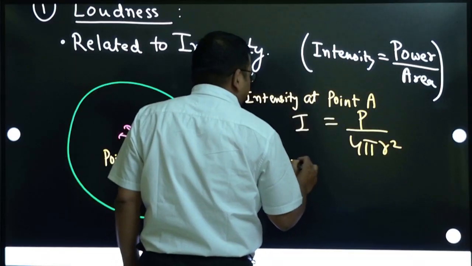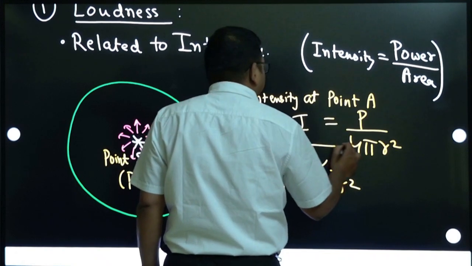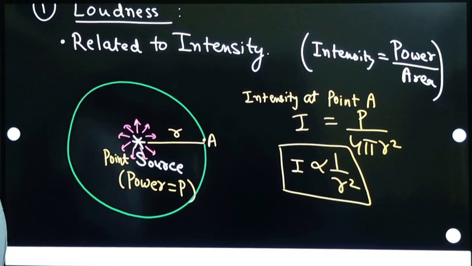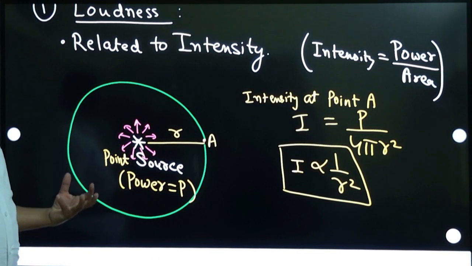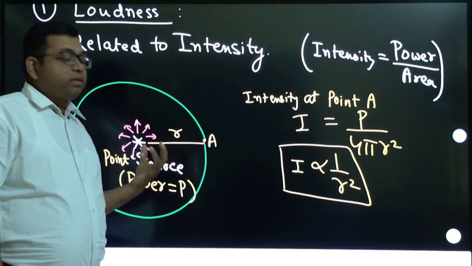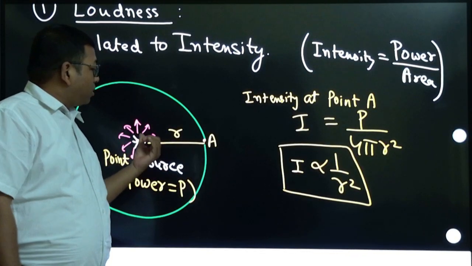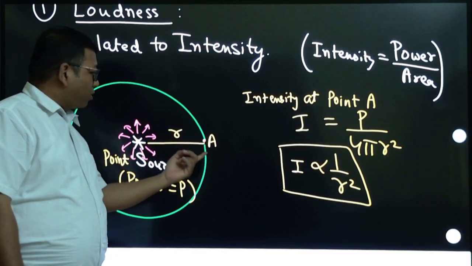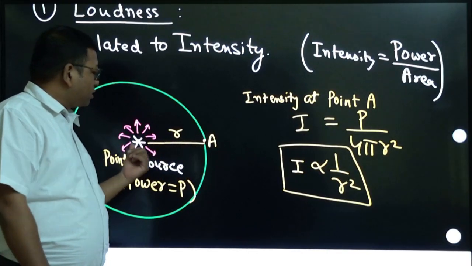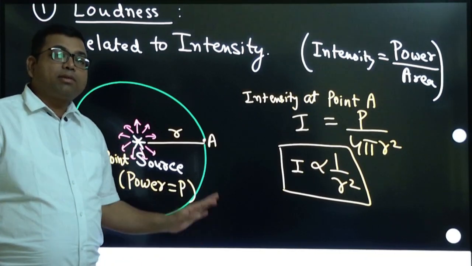So you can say that intensity is inversely proportional to the square of the distance, right? Intensity received from a source at a particular point is inversely proportional to the square of the distance of the observer from the source. There is an observer here whose distance is r, so it is inversely proportional to r square.